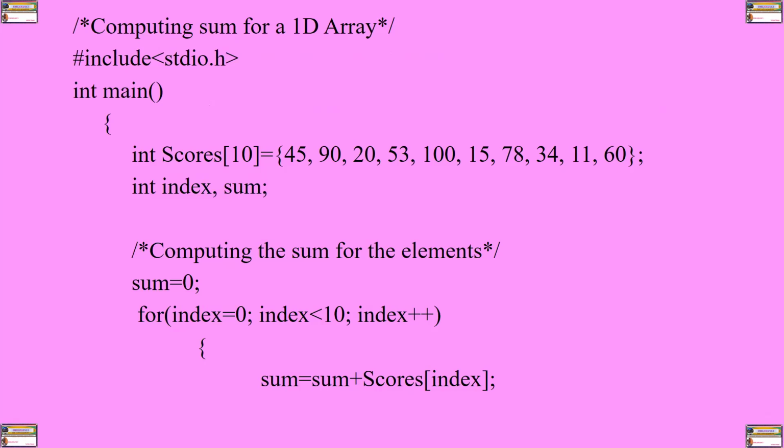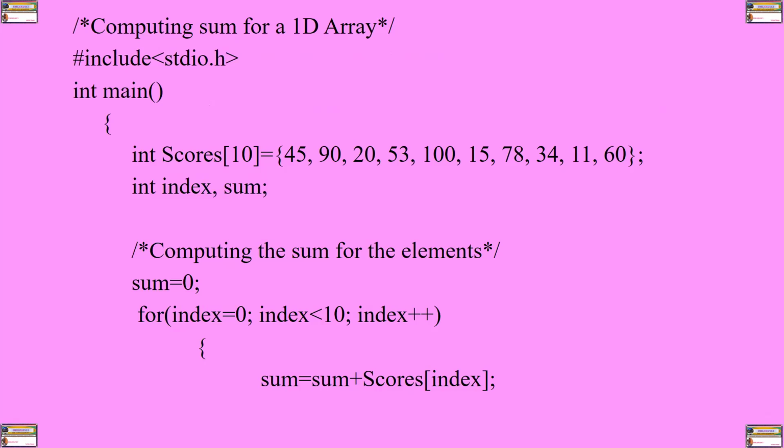So the next activity that we need to do is to compute sum. And how do we compute sum? We are telling the processor, go to the array called scores at index or subscript 0. So scores 0 contains value 45.